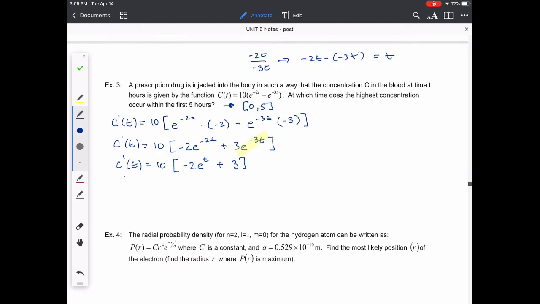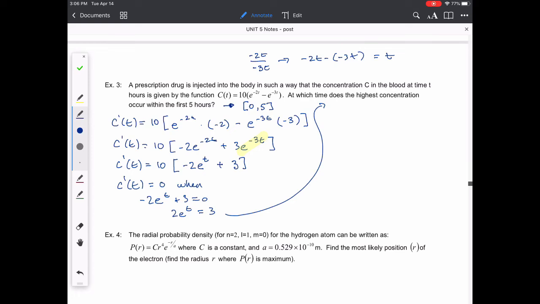We know that c prime of t is equal to 0, while the 10 doesn't do anything for me. So that means negative 2e to the t plus 3 has to be equal to 0, or 2e to the t is equal to 3. I already know some space, so I'm going to go over here.